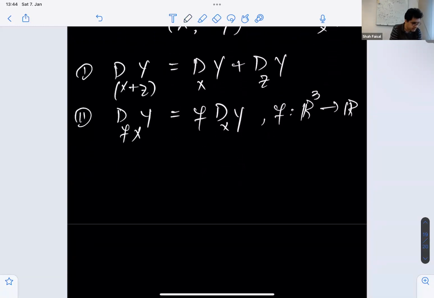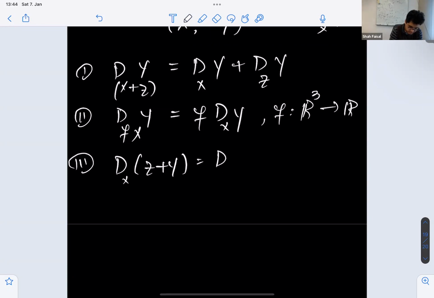That's the derivative, linear by definition. Then you have another property. If you take two vector fields, sum them and differentiate with respect to X, you get linearity even here.